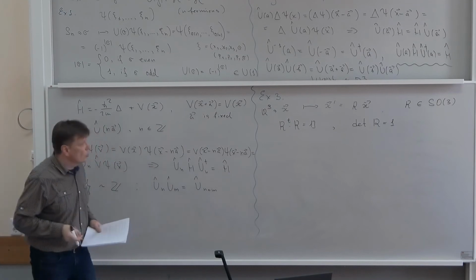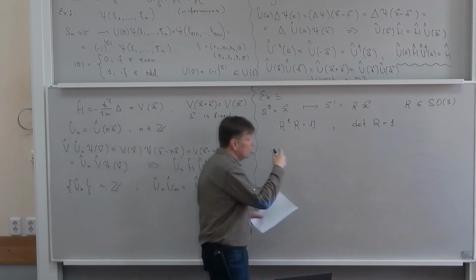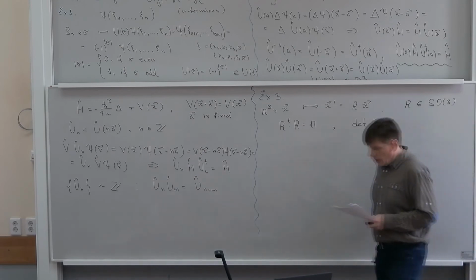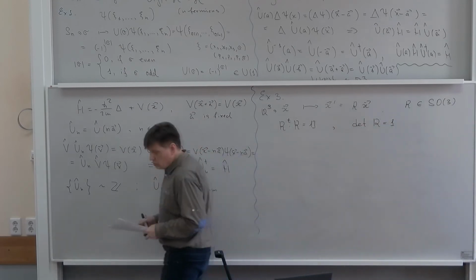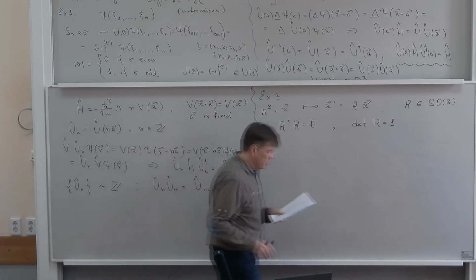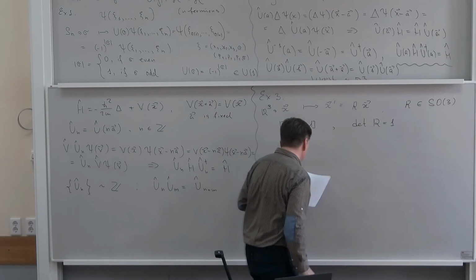Now to each rotation in three-dimensional space there corresponds a unitary transformation in the space of states of a physical system of an arbitrary particle moving in three-dimensional physical space.